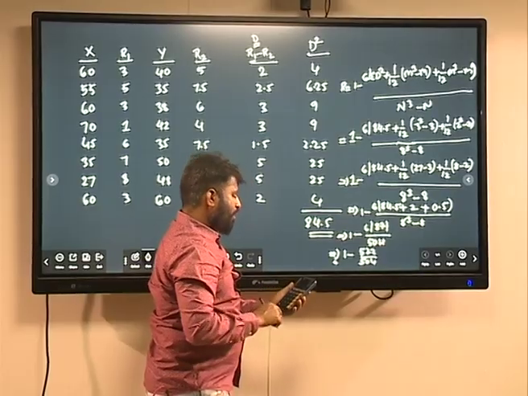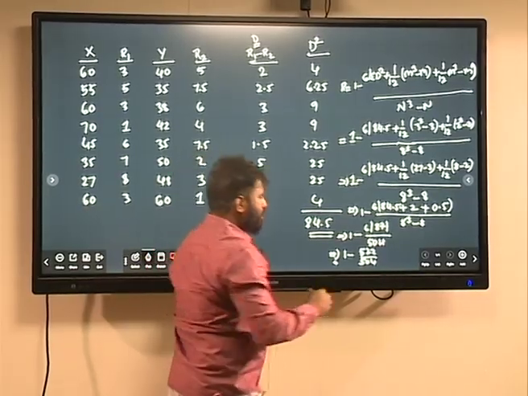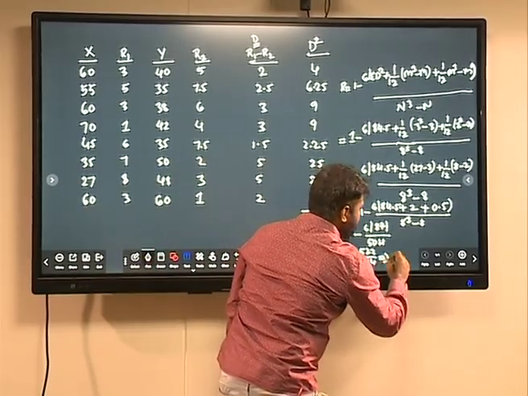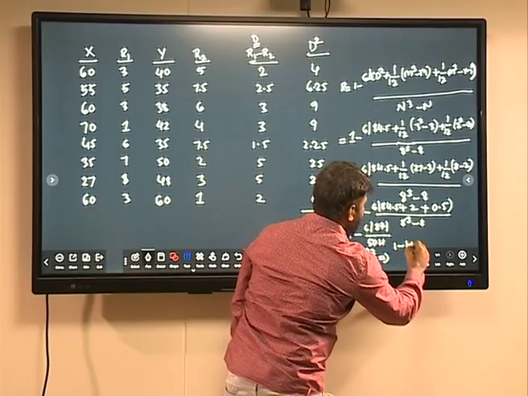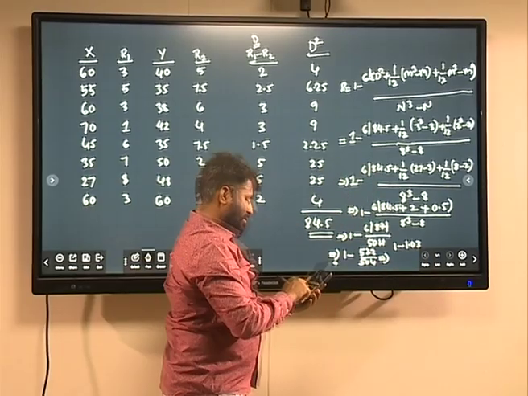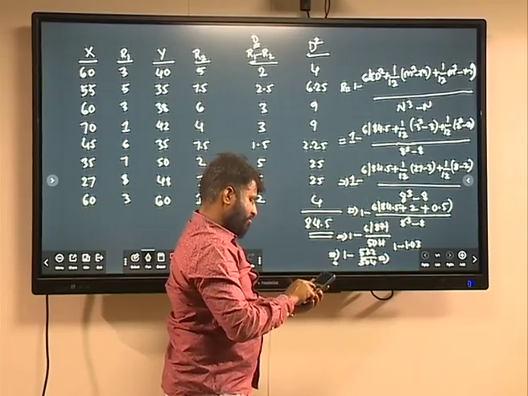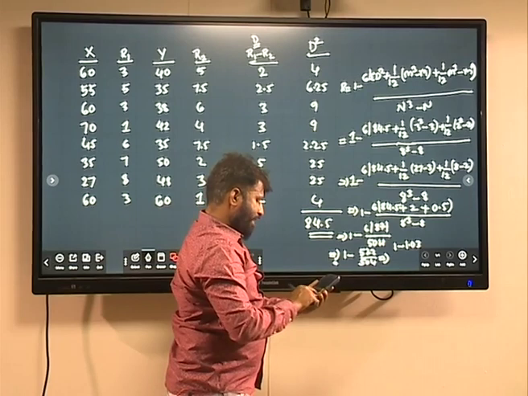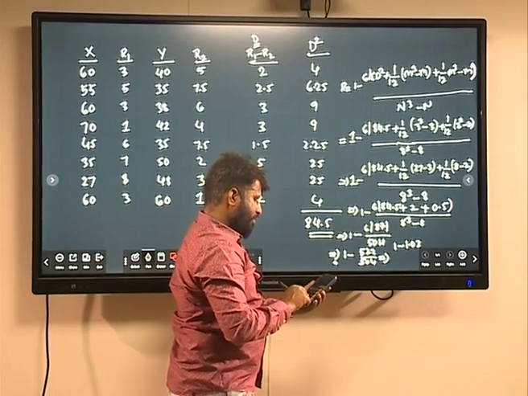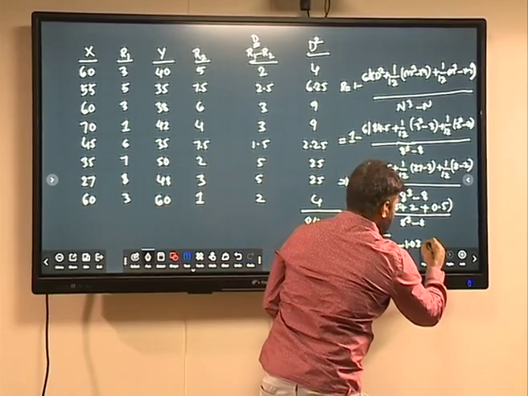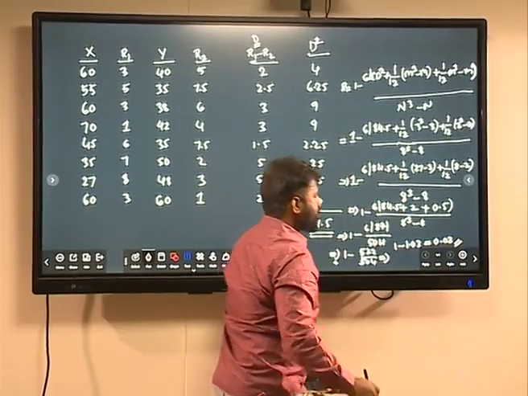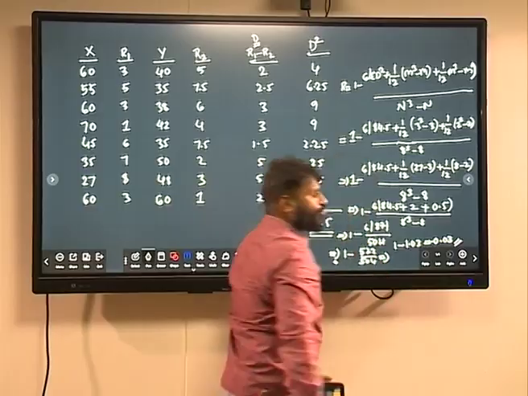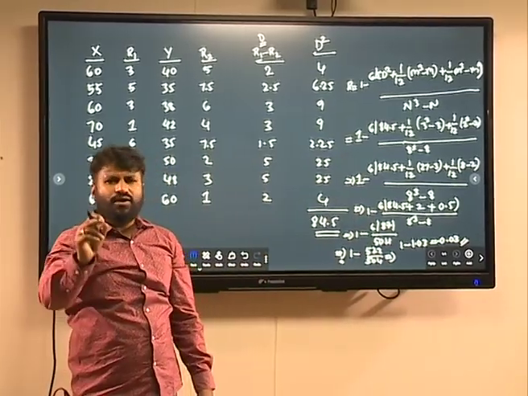So, what is the value of 522 divided by 504? That is 1.03. So, we can write 1 minus 1.03, that is minus 0.03. So, this is a negative correlation, a very low negative correlation.